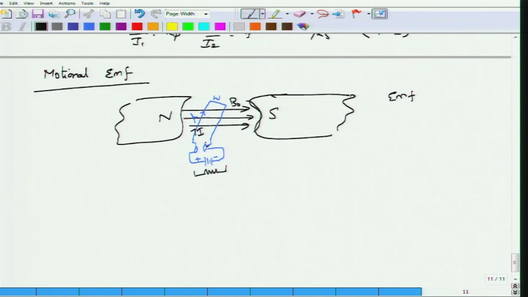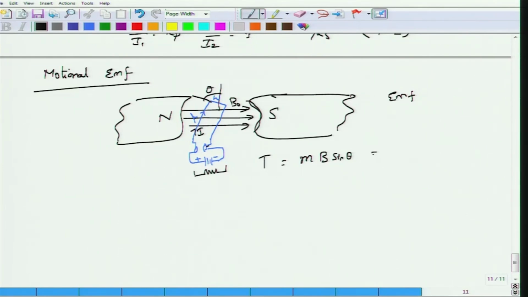So, how do we understand this motional EMF? Imagine the loop is at an angle theta, and there is a torque on this loop, correct? If this is a current carrying loop, there is a magnetic moment, and the torque is given by m cross B, which is mB sin theta.